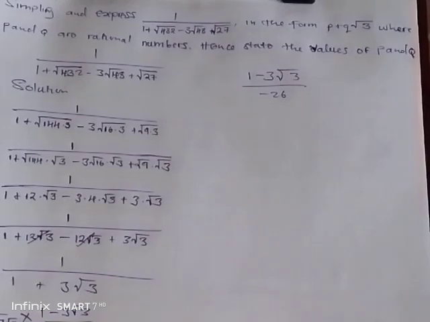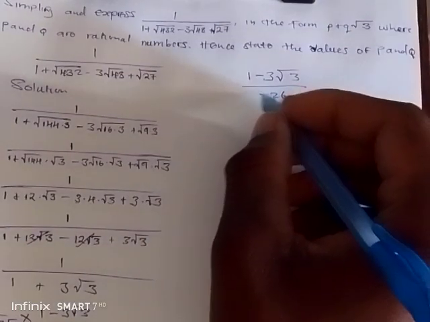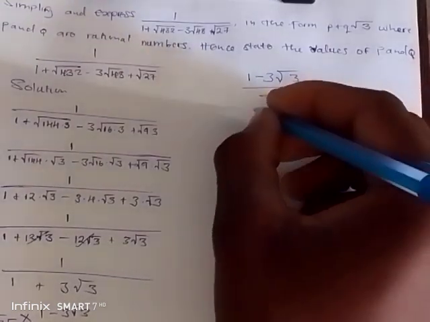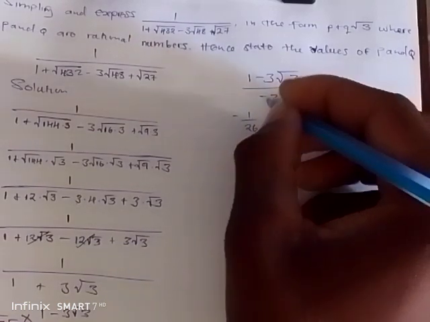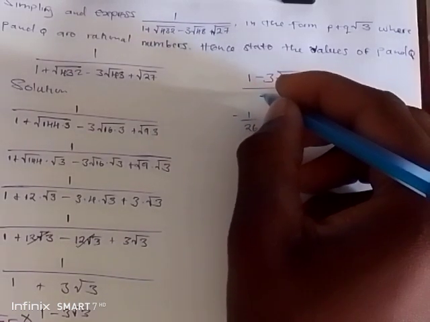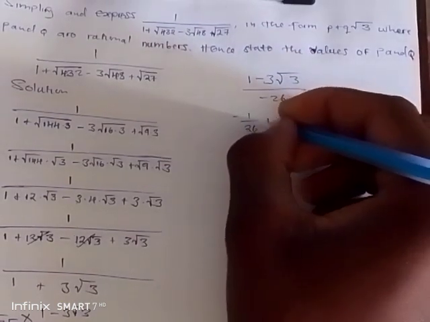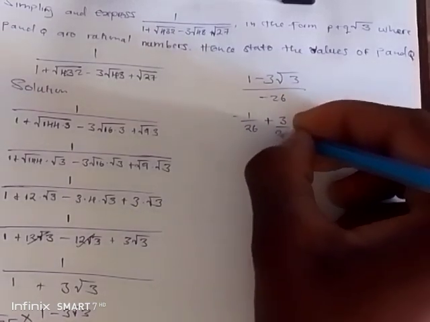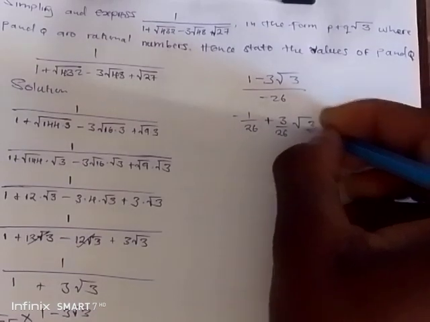Negative 26. So now, what we are going to do here is, since this negative is on the denominator, it is going to be like this. It is going to be negative 1 over 26. And since this negative is on the bottom and on top it's negative, it's going to be positive. So plus 3 over 26 root 3.